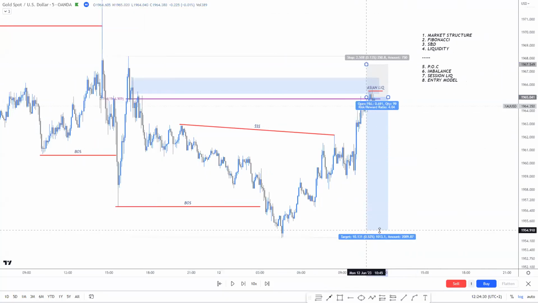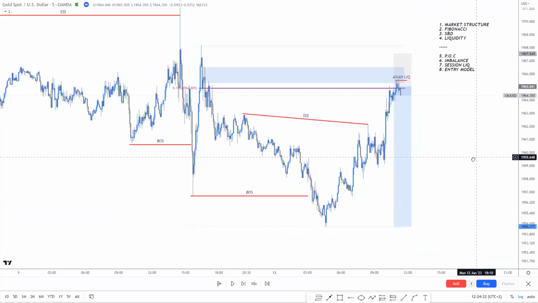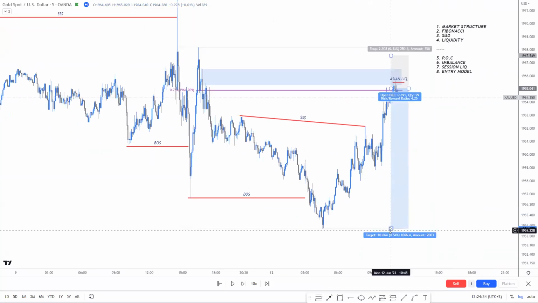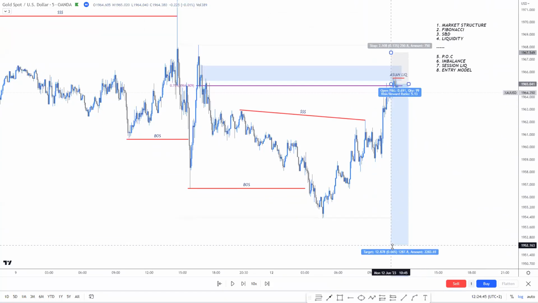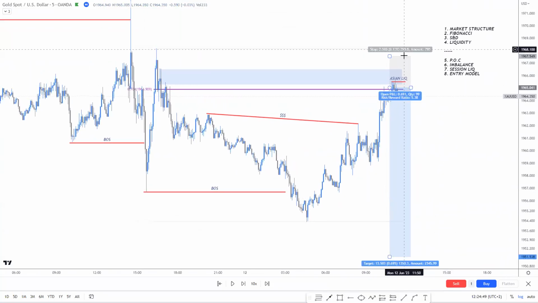And main target was more or less this liquidity, but as I don't place set take profits, I gave some more space for price to move, and we finally ended up closing at 150 pips, which was more or less there, okay?